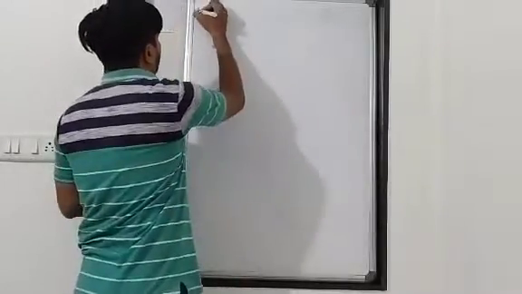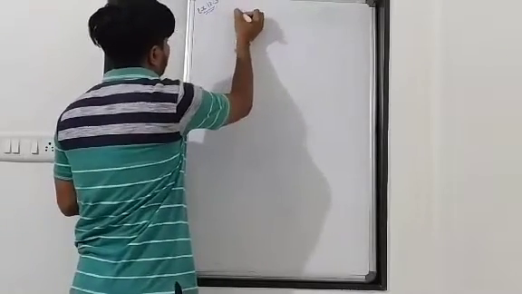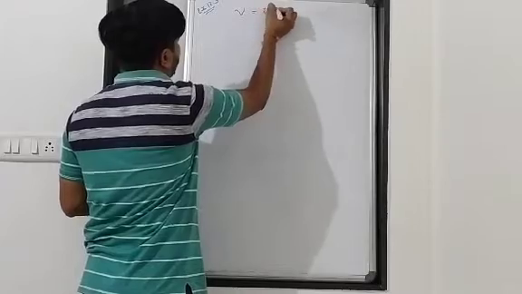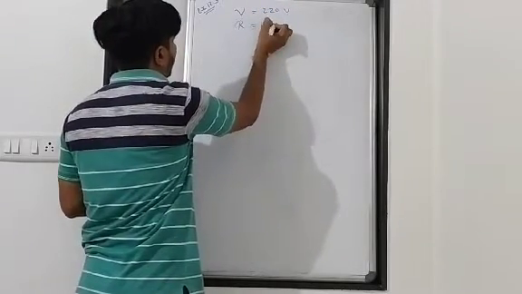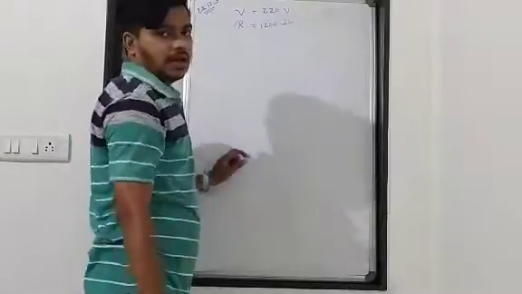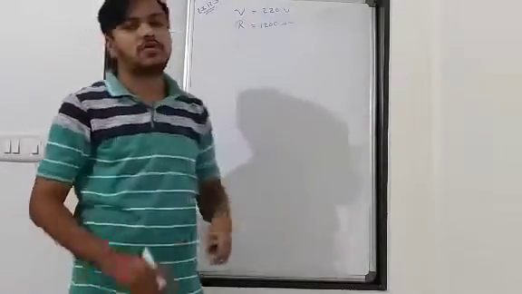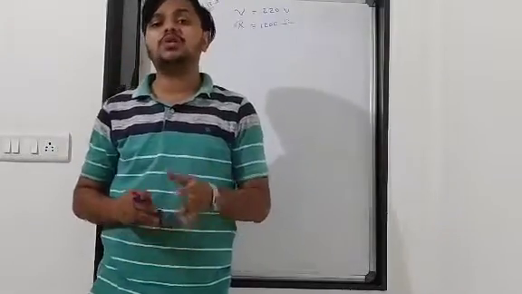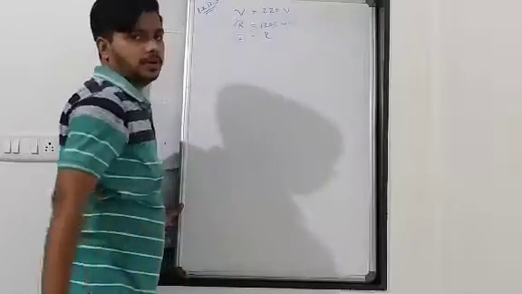So in example 12.3, the voltage is given to you, which is 220 volt, and the R is given to you, which is 1200 ohm. You have to find out the current drawn by the filament of the electric bulb.